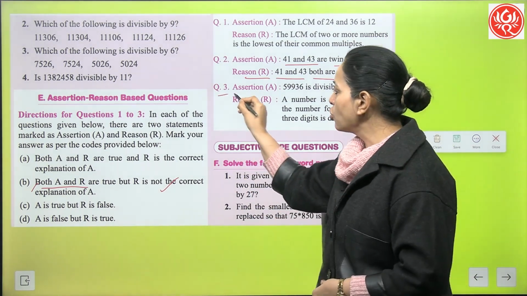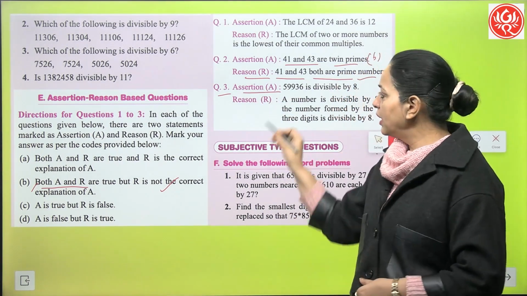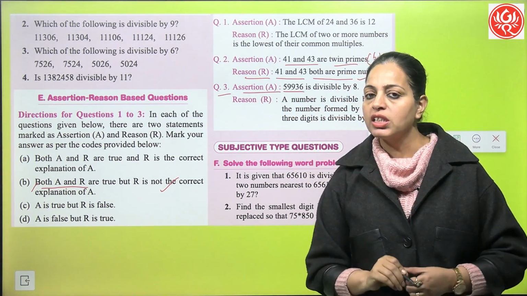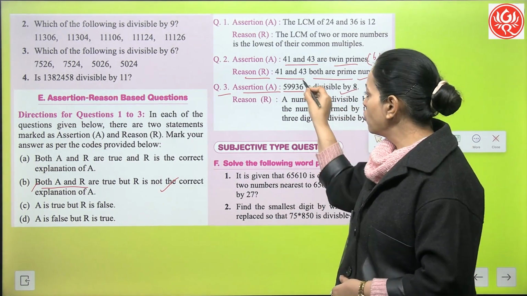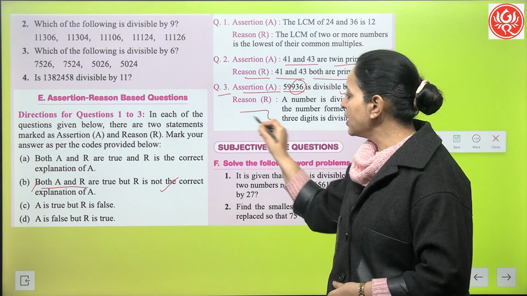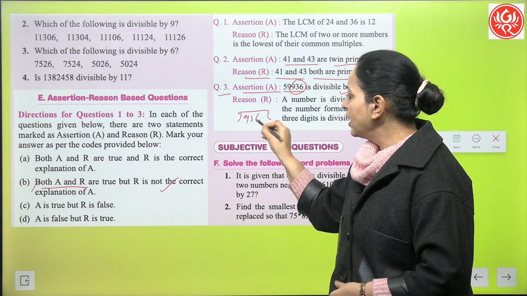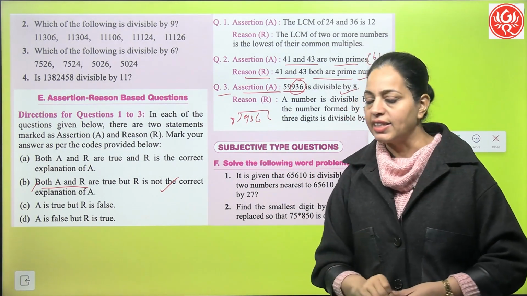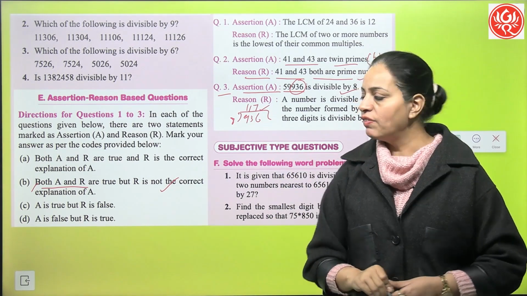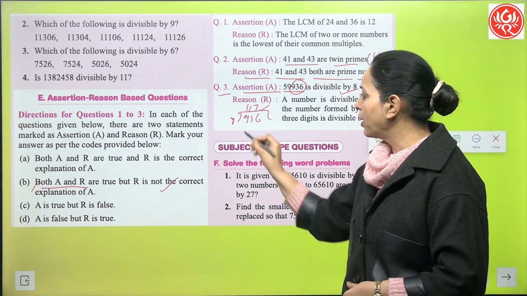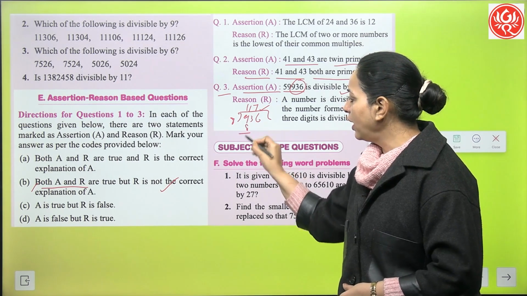Okay. Now question 3, assertion A. 59,936 is divisible by 8. So first check this. Last 3 digit 936. Is it divisible by 8? Yes. This is divisible by 8. You will get 117 as quotient. आप करके देखो. 8 ones are 8.